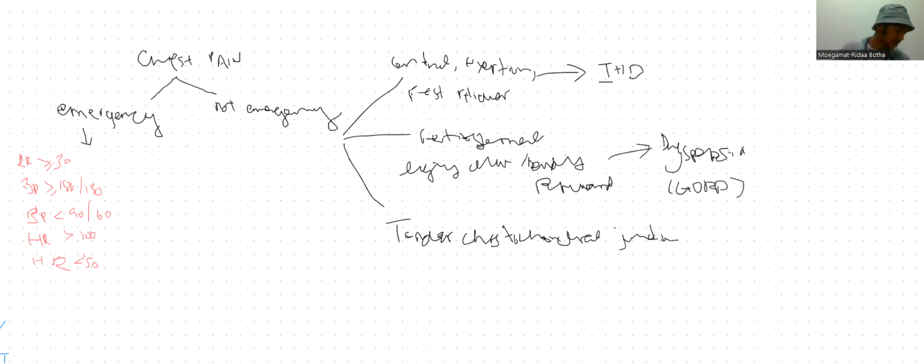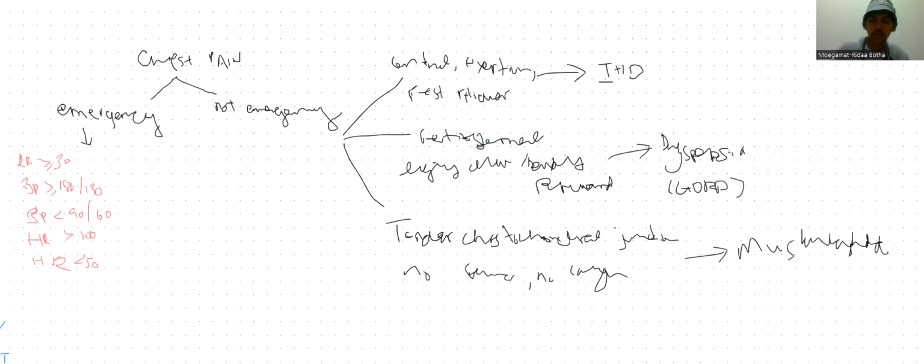Test for tenderness at the costochondral junction, and there's no fever and no cough, right? So then you're going to have to think about a musculoskeletal problem.